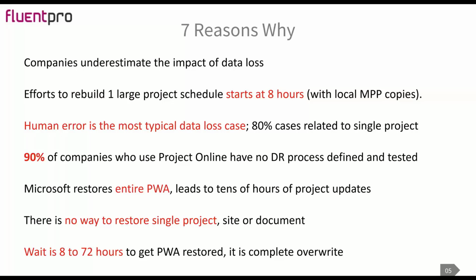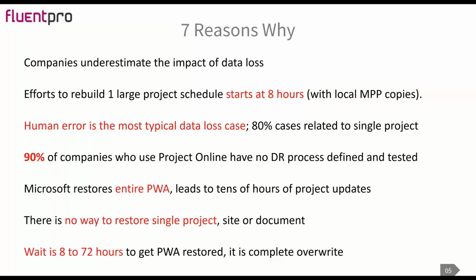What we found, based on our statistics and on surveys of our current customers, is that human error is the most typical data loss scenario. Someone goes into the project and deletes tasks, or collapses a summary task and presses delete.